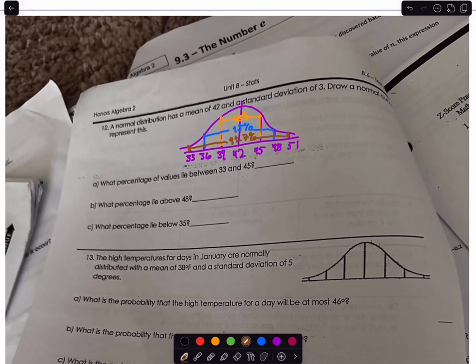Okay. So what percentage of the values lie between 33 and 45? Well, maybe let's not say 50. Let's calculate those.